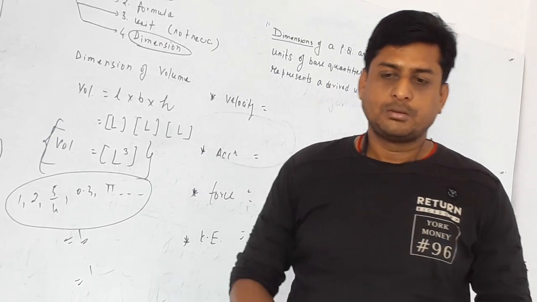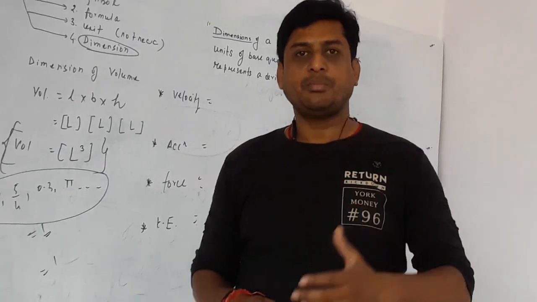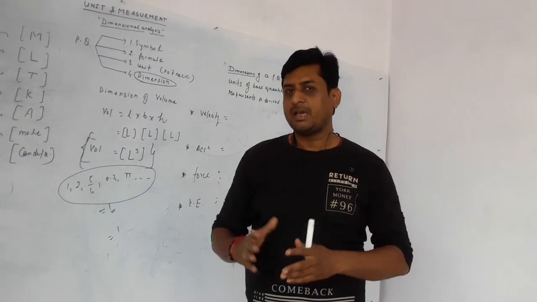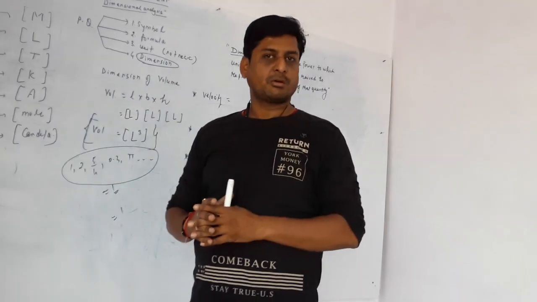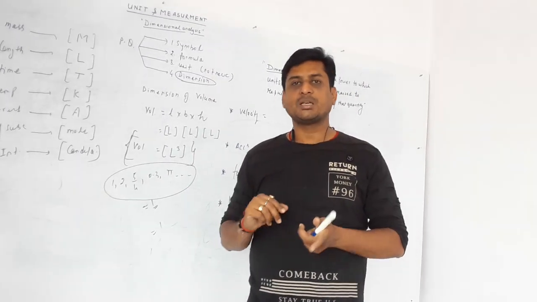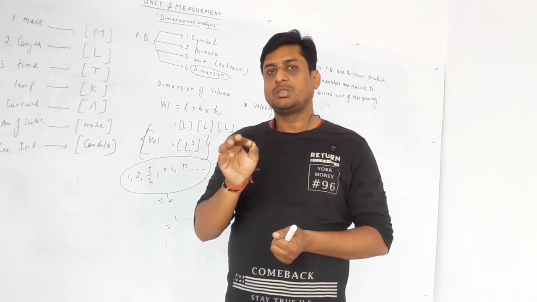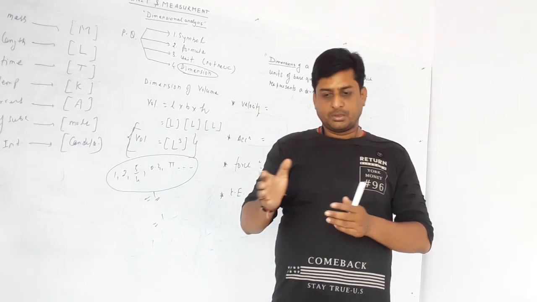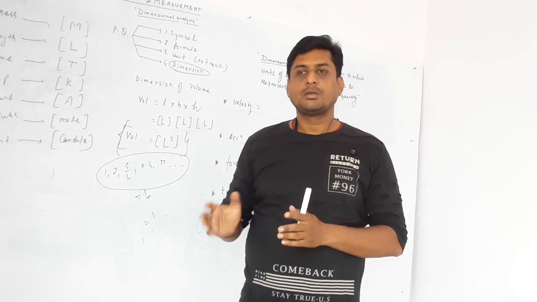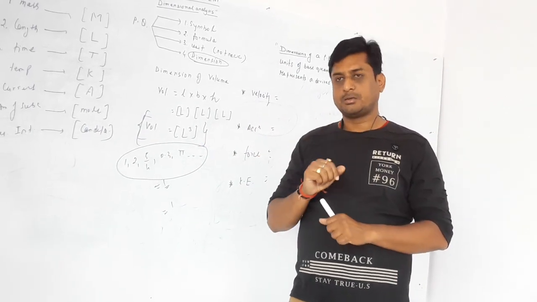Sometimes what happens? Two different physical quantities possess the same dimension. It may be because, like work and energy, both are different physical quantities, but both units are the same. Because units are the same, their dimensional formula must be the same. So there is a possibility like this, that two or three different physical quantities possess the same dimension.